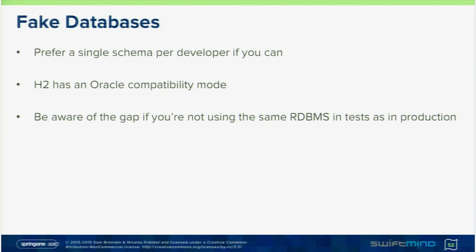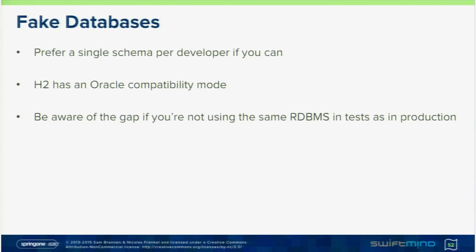Regarding databases, because that's a very widespread example, my first reflex would be to use a schema per developer, if you can. If your DBA loves you, they will give you plenty of schemas. You can have one schema per developer. That's very good. That's the best you can achieve. If you cannot, then use an embedded database.